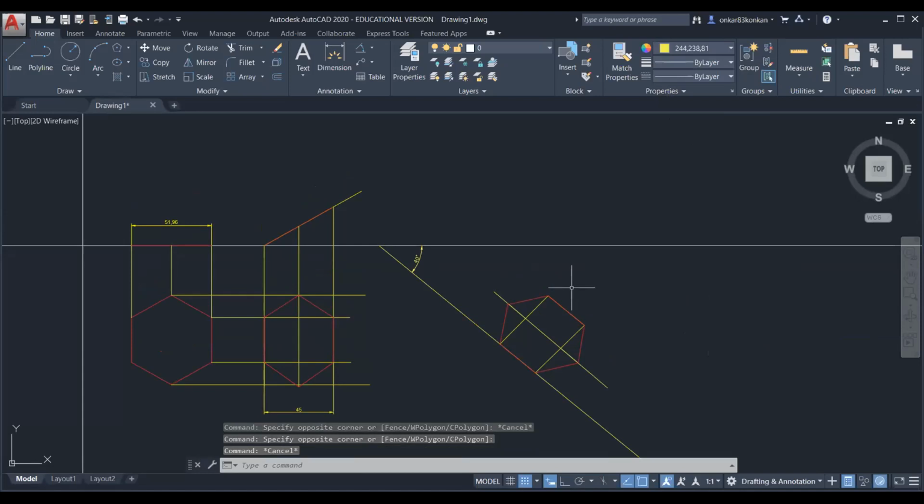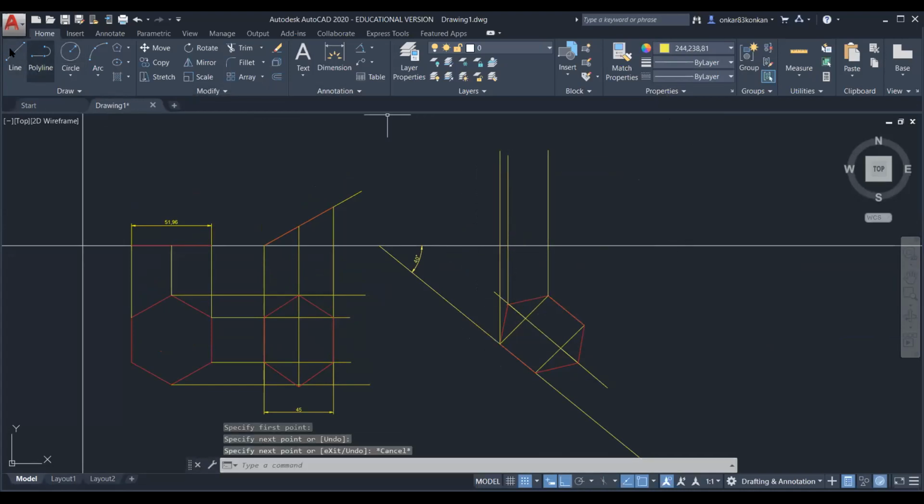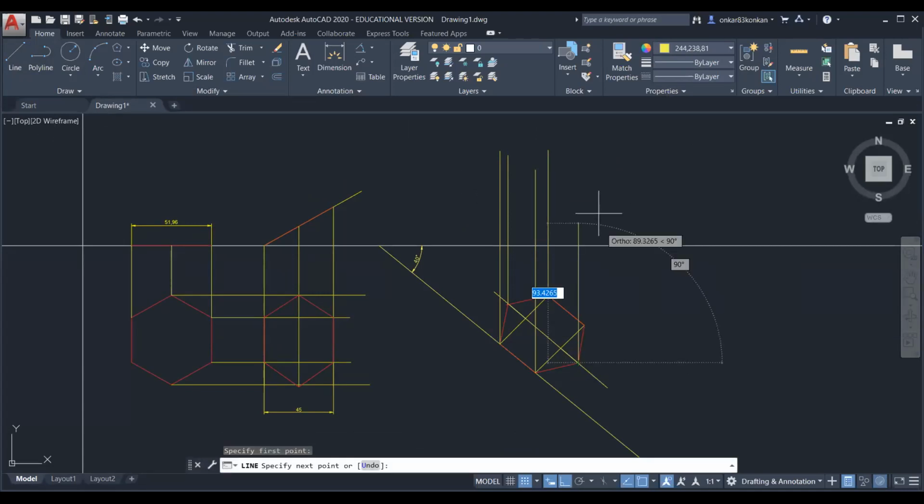Now to complete the final stage front view, just take the projector from the top view. Okay, so in this way, take the projector in the front view and take the projections from the second stage front view.